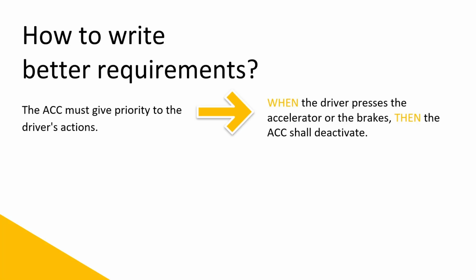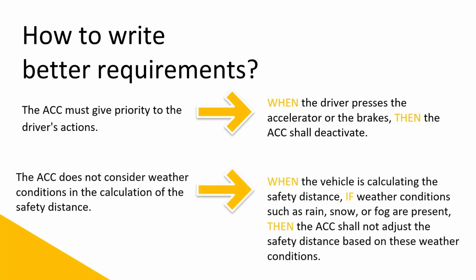The other example was, the ACC does not consider weather conditions in the calculation of the safety distance. To make a better requirement, we could write, when the vehicle is calculating the safety distance, if weather conditions such as rain, snow, or fog are present, then the ACC shall not adjust the safety distance based on these weather conditions.